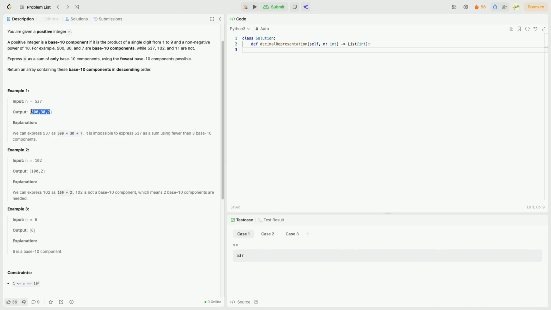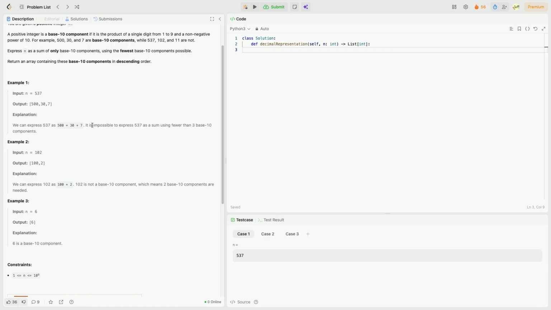However, the base components are strictly divisible by a power of 10 without any remainder, right? So 7 is divisible by 10 to the power of 0, which is 1. 30 is divisible by 10 to the power of 1, which is 10. So 30 by 10 is 3. And 500 can be divided by 10 to the power of 2, so 10 squared, which is 100. So 500 divided by 100 is 5.